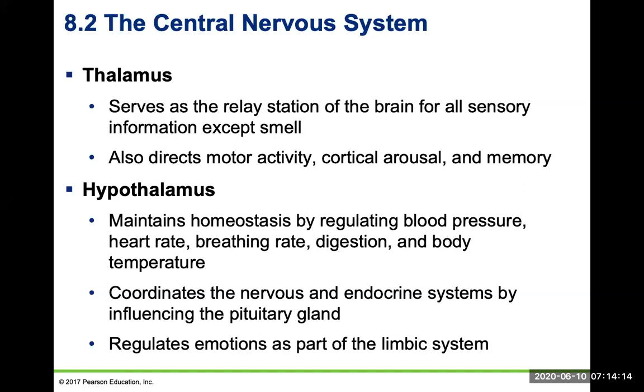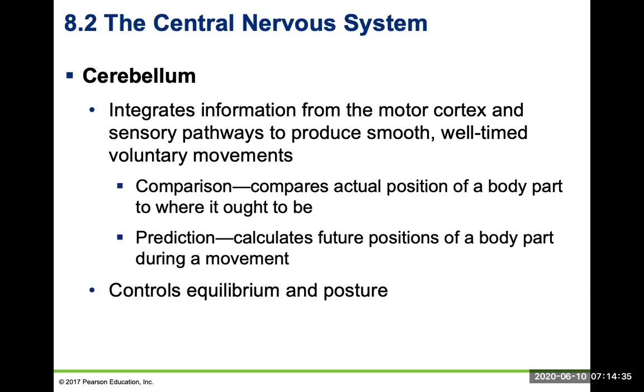The hypothalamus maintains homeostasis by regulating blood pressure and all those things listed there. Your hypothalamus coordinates your nervous and endocrine systems by influencing the pituitary gland, which releases many of your hormones. It also regulates emotions as part of the limbic system.